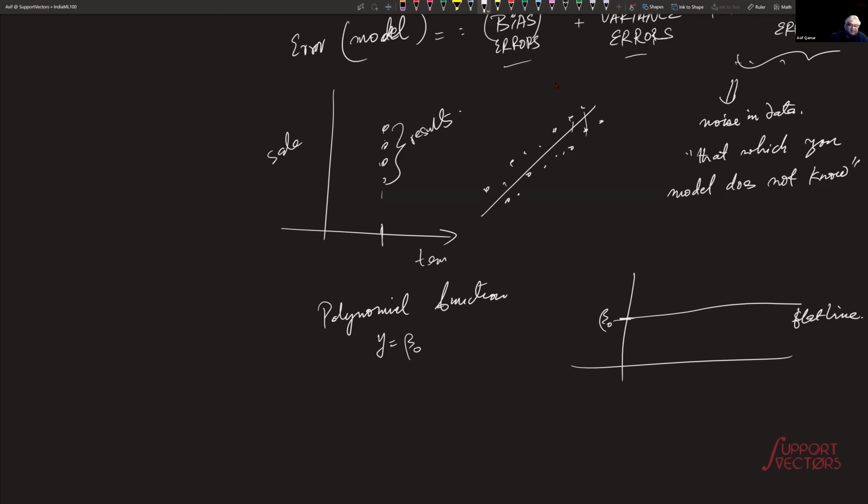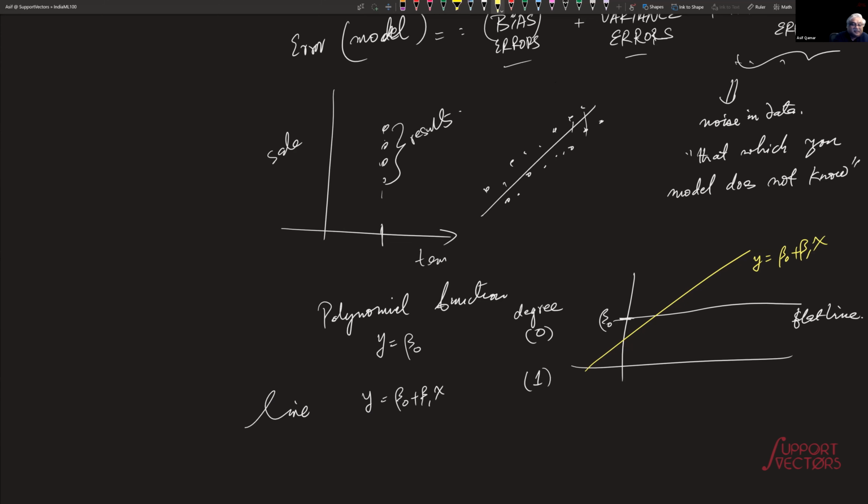You call this a polynomial of degree 0. Now take another equation, which is beta naught plus beta 1 x. This is the equation of a line. This is a polynomial of degree 1 because the highest power of x is 1. Y is equal to beta naught plus beta 1 x.